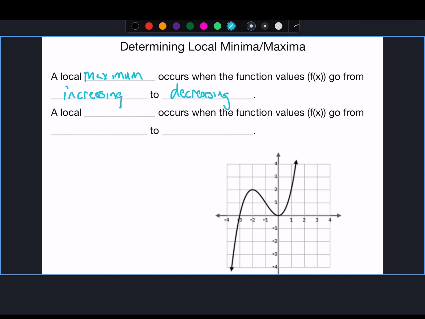What does that mean practically? It goes from going up to going down, right? We get a peak, which would give us the maximum, right? A local minimum occurs when the function values f of x go from decreasing to increasing.